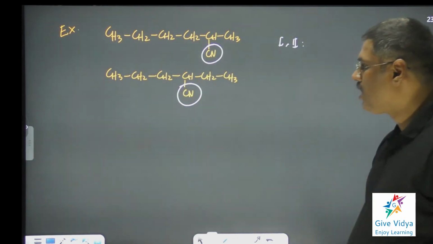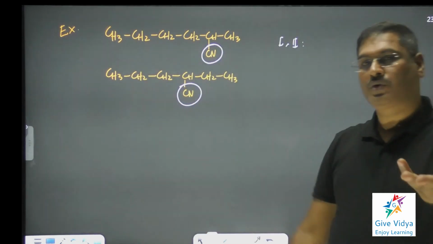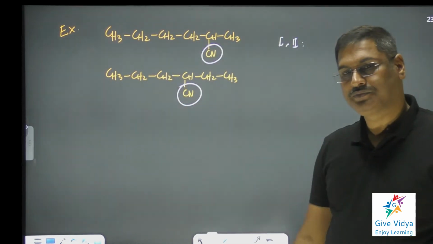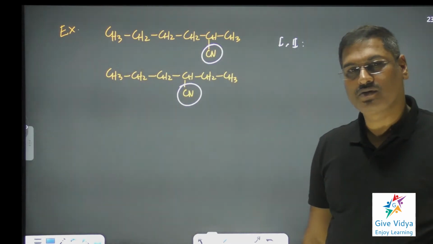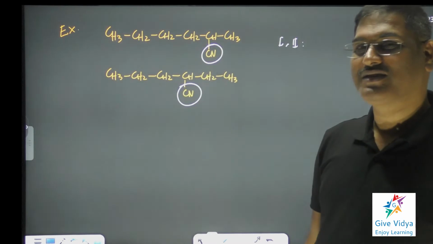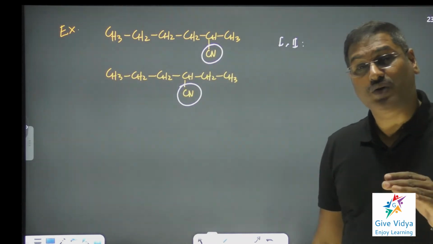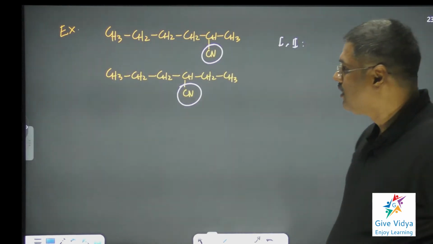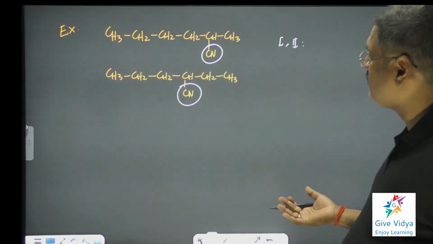What are these two? Sir, so clear now? Change in position. Position isomers. These two are not position isomers. These two are not position isomers. Then what are these two?